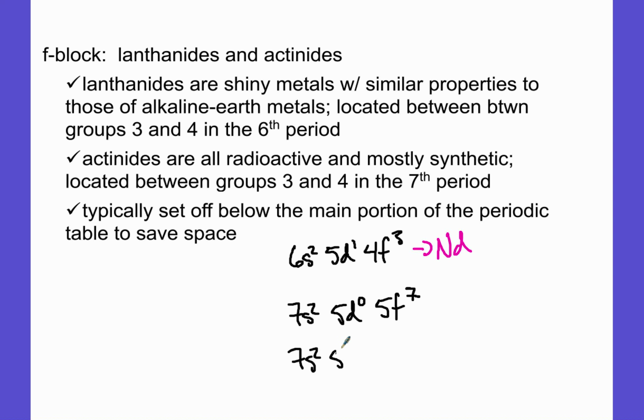I definitely would do that if it was a situation like this, right? 7S2, 5D1, 5F13. You can imagine how it would probably be much better for this to be a 0 and for this to be a 14, because then I can fill that F sublevel, right? Now, excuse me, on both of those, I had the wrong number here for D, so maybe I should fix that real quick. Sorry if that was confusing you.